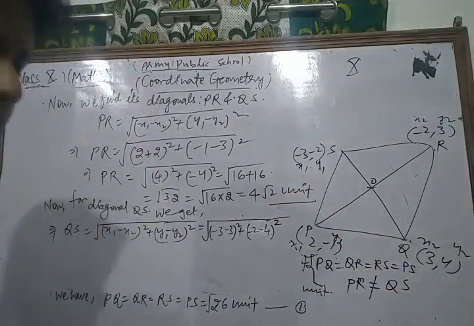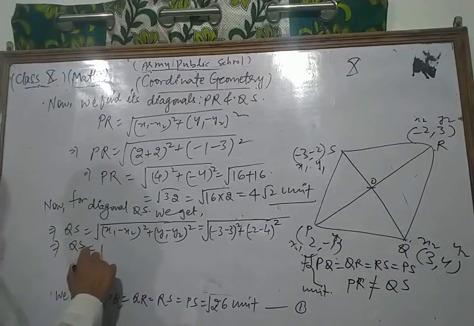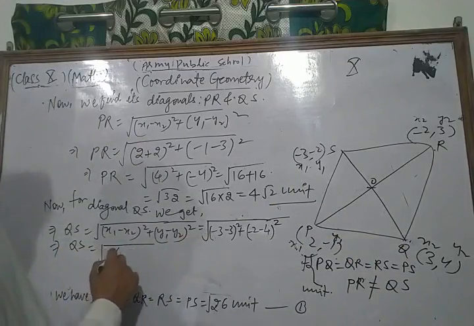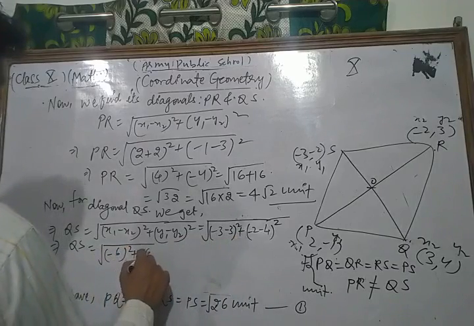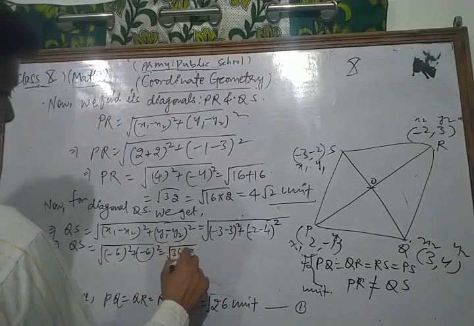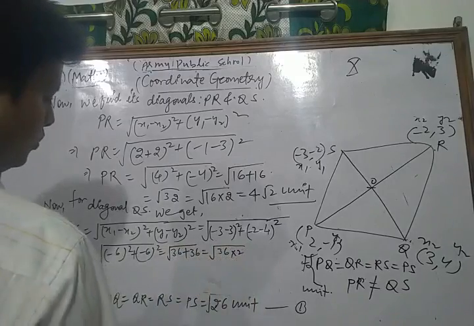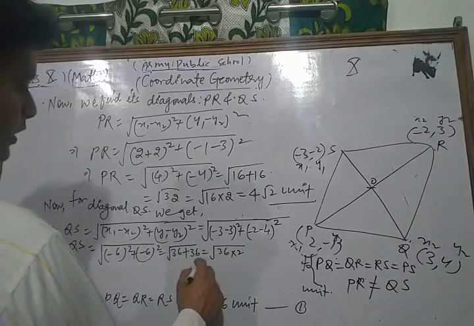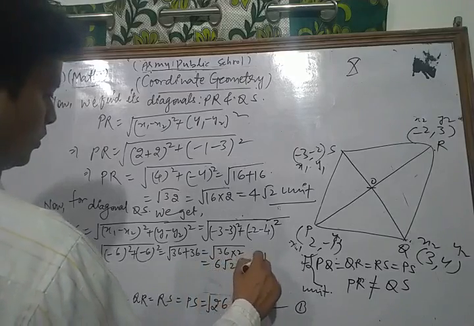Now we simplify them: QS is equal to under root of minus 6 whole square plus minus 6 whole square, that is 36 into 2. So taking 6 common, we get 6 under root 2 unit.